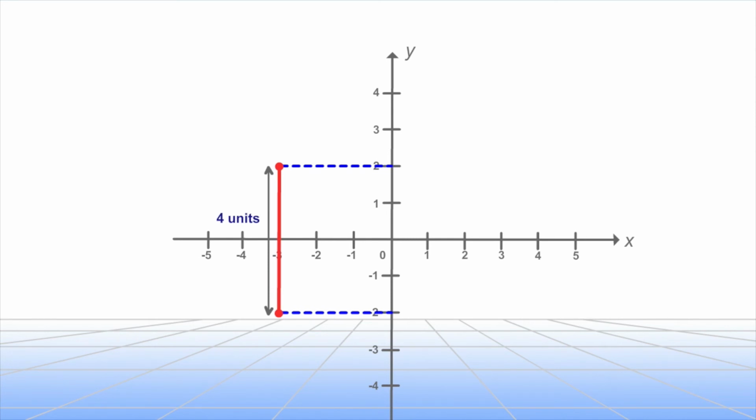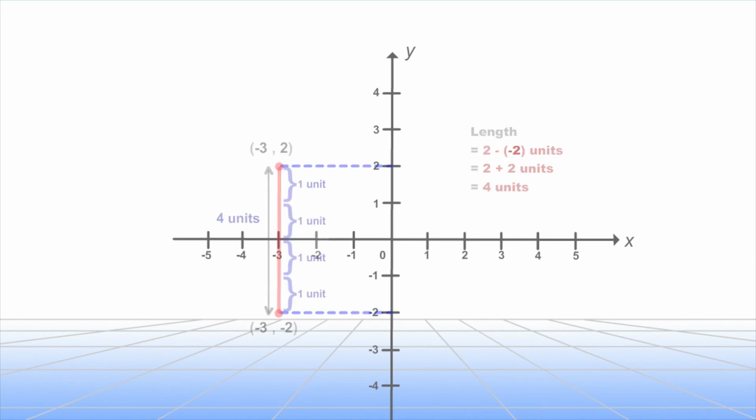Thus, the coordinates are -3, 2, and -3, -2. The length of the line segment should thus be the difference between the two y-coordinates, that is 2 minus -2, which gives us 4 units. This answer is the same as the one we get with the counting method.